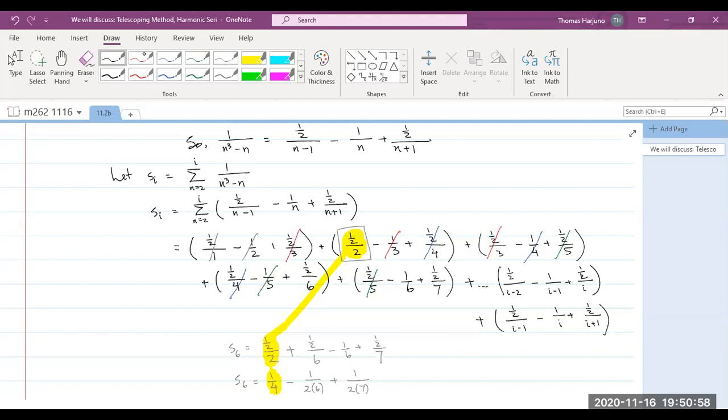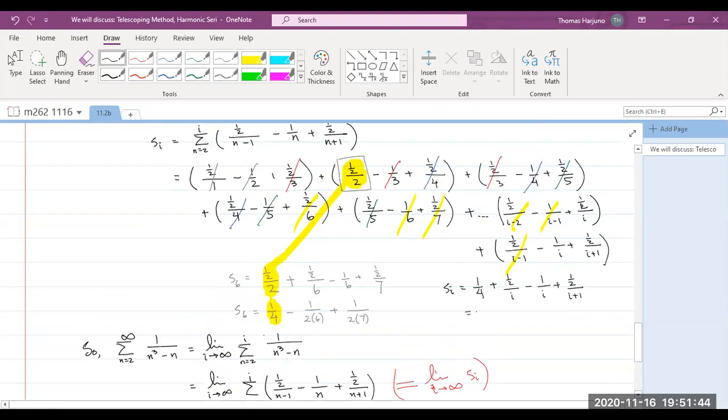Okay, so if you go further, for example, then you will see the 1 get cancelled. If I go further, maybe I use this. This will get cancelled with this, right? Cancel, okay? And you will have everything cancelled except those. You see that? So S_I is basically 1/4 plus 1/2 over I minus 1 over I plus 1/2 over I plus 1.